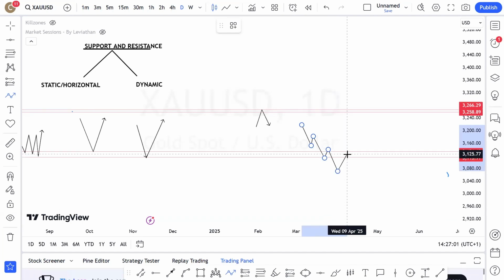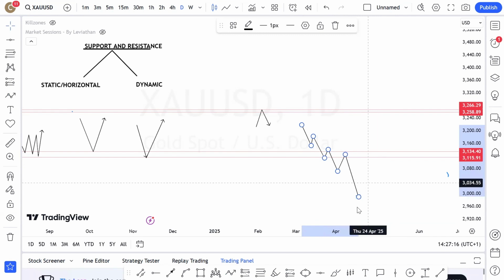And this is actually what has played out on gold this week. So with an area of support broken, the market is going to come back to confirm that zone as the new resistance before it continues to go down.